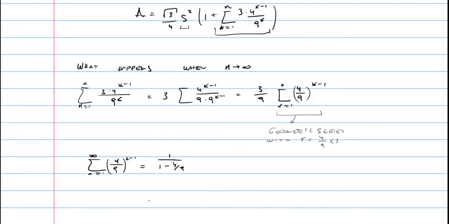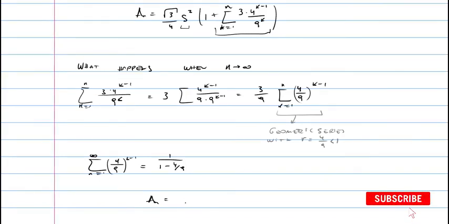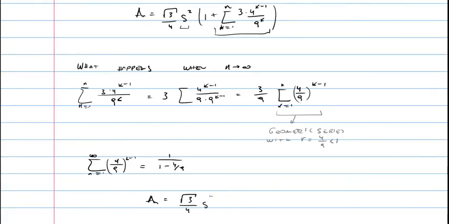So then A sub n is the square root of 3 divided by 4 s squared times 1 plus 3 over 9 times the sum from k equals 1 to infinity of (4 divided by 9) to the k minus 1. This will be the total area.